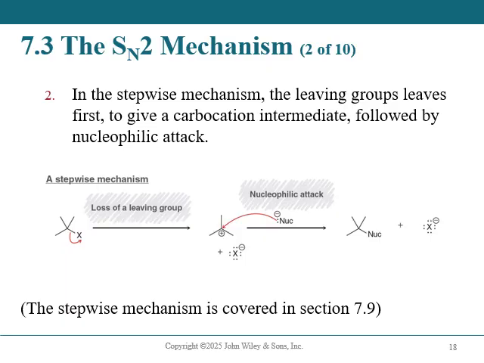In the stepwise mechanism, the leaving group leaves first to give a carbocation intermediate, followed by a nucleophilic attack. So for this one, you see the arrows are actually split into two steps rather than just one. The first arrow will be your halogen leaving, and then your nucleophile attacking that carbocation. Now for this, the most important part is for your carbocation to have some stability.